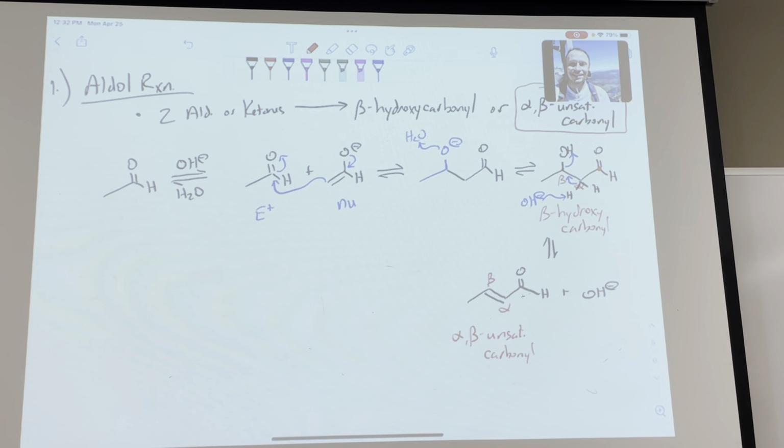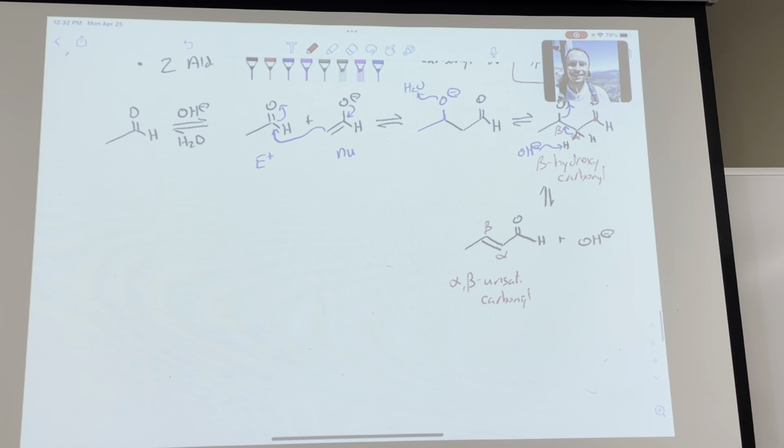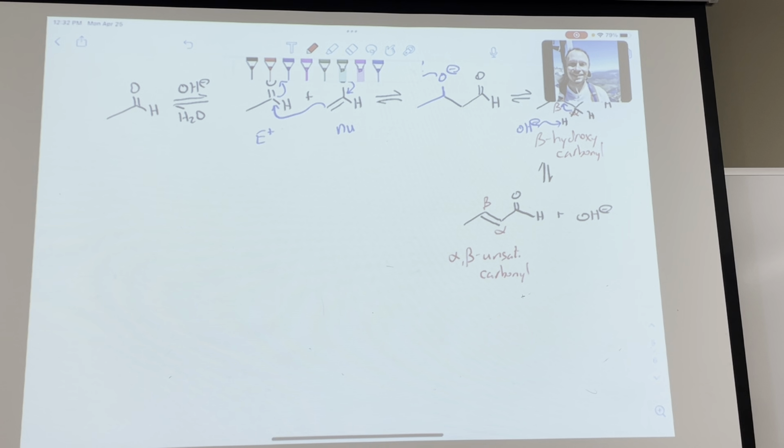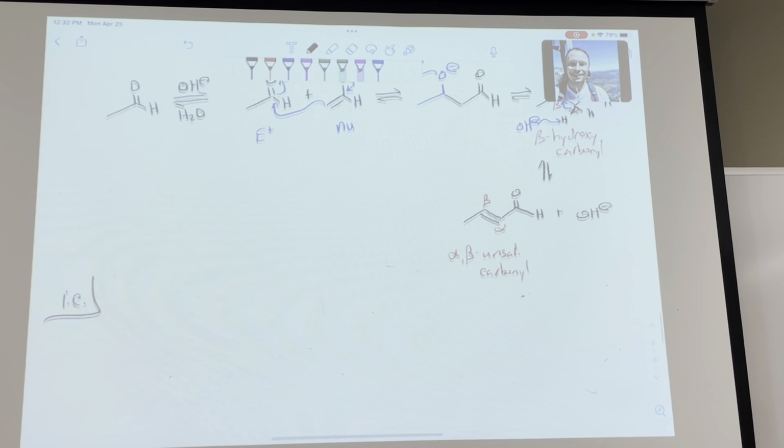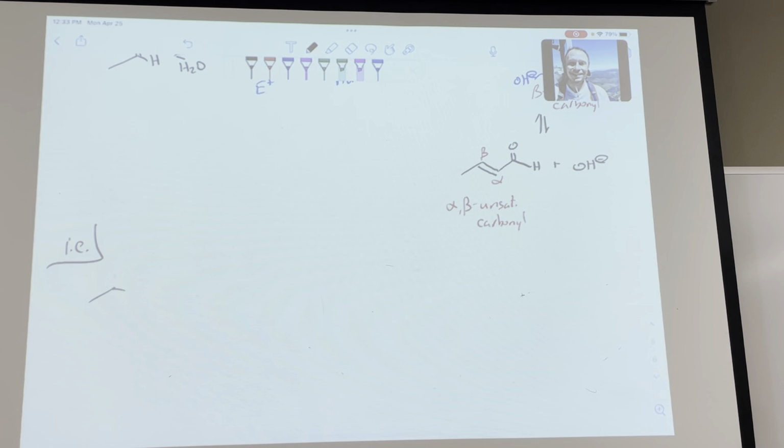So we can look at another example, maybe one that's a little bit more complicated. So what if I were to give you this? In this one, we're still using hydroxide as base.